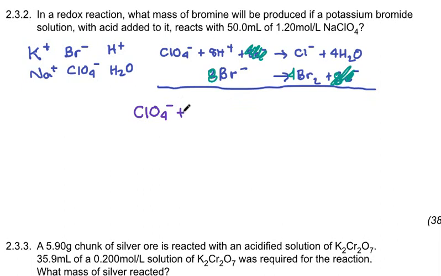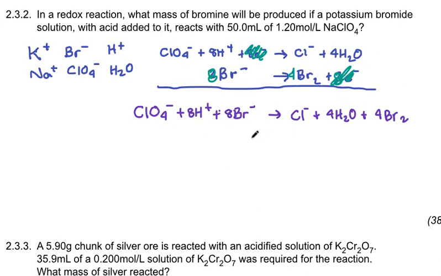Perchlorate and 8 hydrogen and 8 Br minus, 8 bromide ions gives us a chloride ion and 4 H2O and 4 bromines. Okay, so this is our balanced reaction.